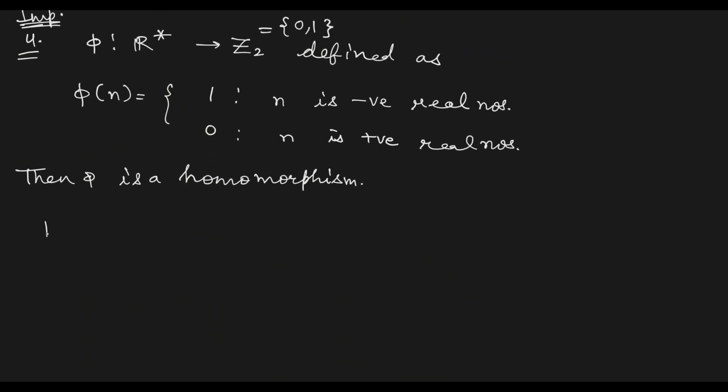Now kernel phi is equal to n belongs to R star such that phi n is equal to 0. So it is mapping to 0, which means the set of all positive real numbers.